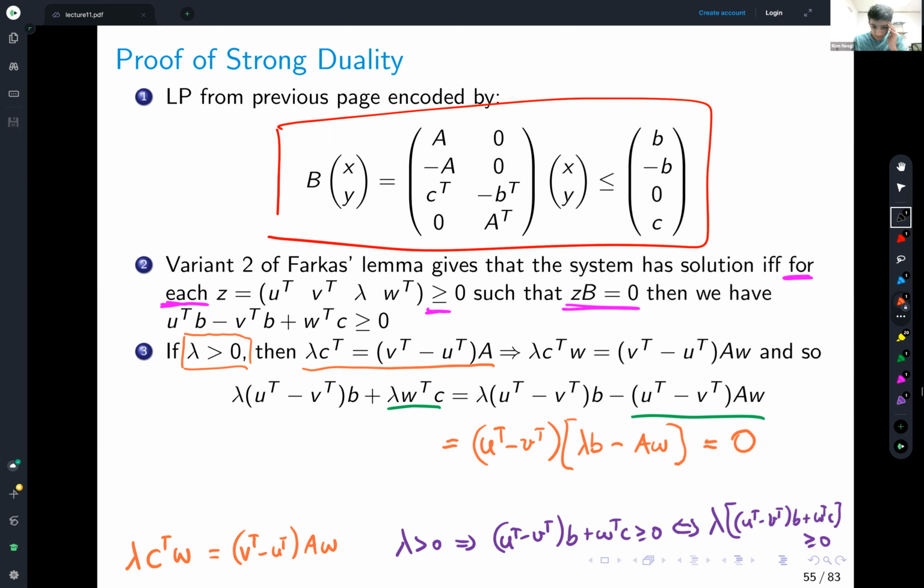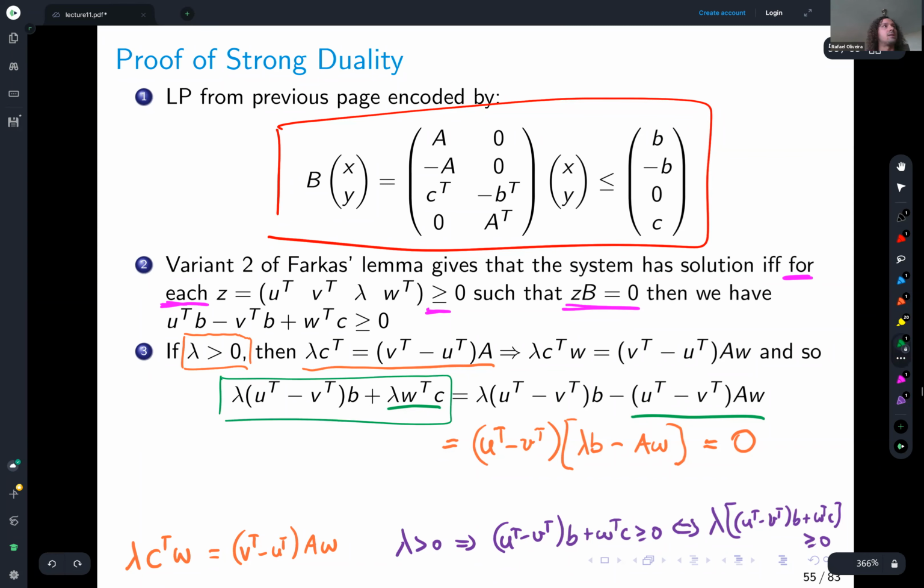What did we prove at the end? What is equal to 0? Well, we proved that this expression is equal to 0. And how does that imply the strong duality? Well, it doesn't yet.